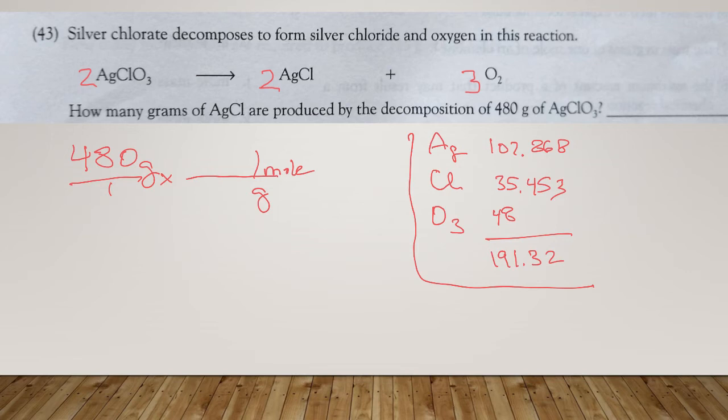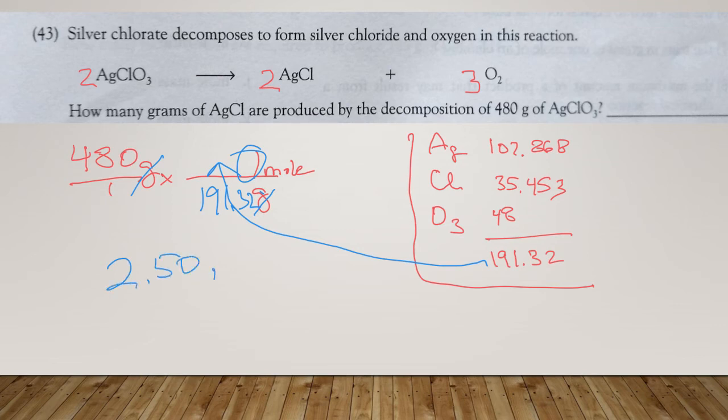So that's the number that is going to come up down below. 191.32 is the number of grams in 1 mole. So when we multiply now, the grams will cancel. We'll have 480 divided by 191.32, and we will get 2.50 moles.